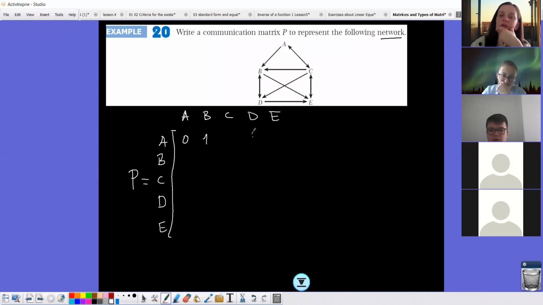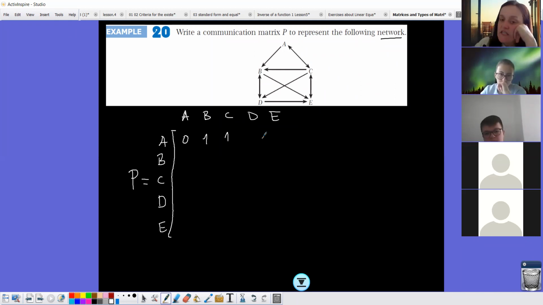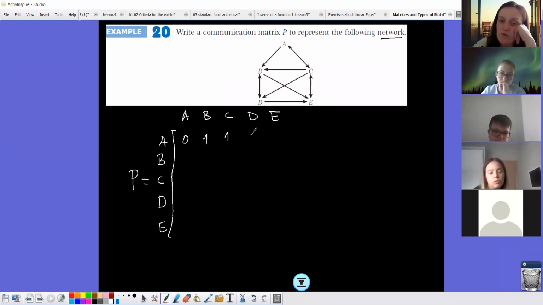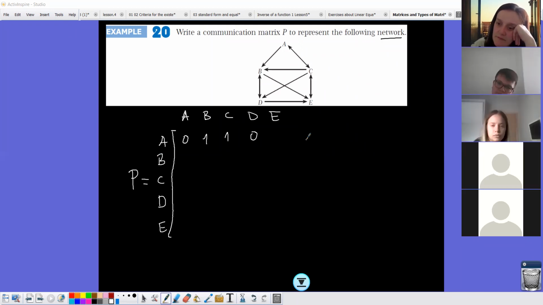Yes, it's 1. From A to D, Eva? No, teacher, it will be 0. From A to E, Stanislav? Do we have a connection from A to E directly? No, teacher, so it will be 0.